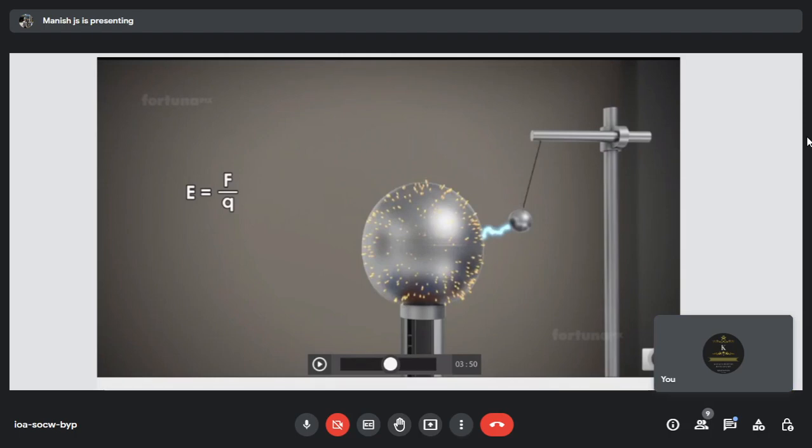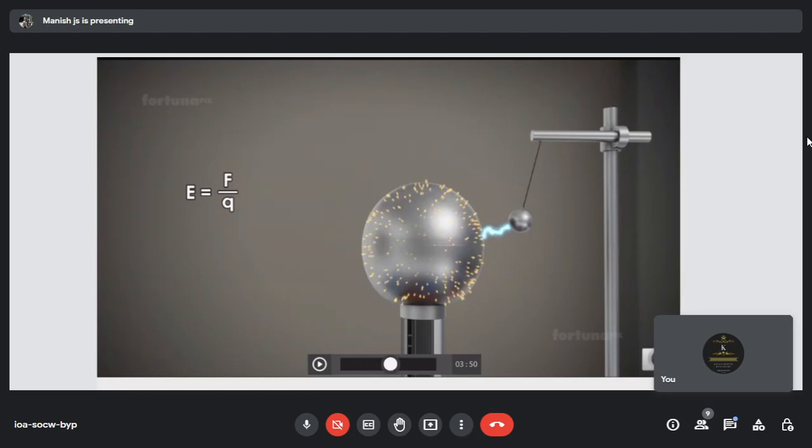It is basically the space surrounding the electric charges where the influence of the electric charges is being felt. So that is the region. That is the electric field region. So electric field is defined as the force that is acting between the two charges. The force existing per unit charge is basically called electric field.